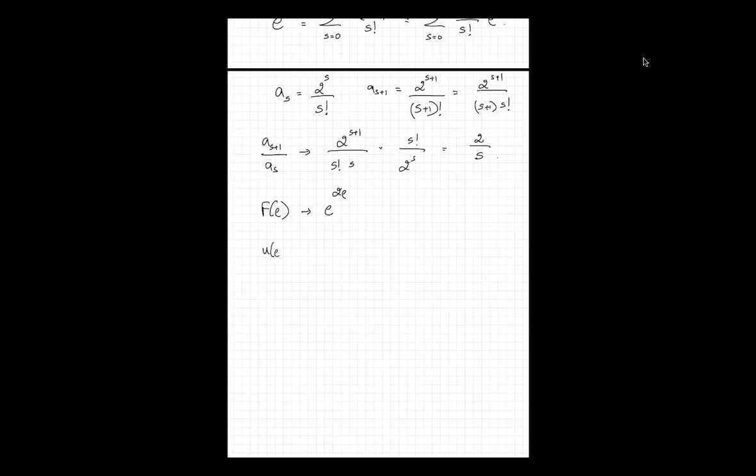Which means my u of rho, which is equal to rho to the L plus 1 e to the minus rho f of rho, for large distances goes like rho to the L plus 1 e to the minus rho times e to the 2 rho, which goes like e to the rho.